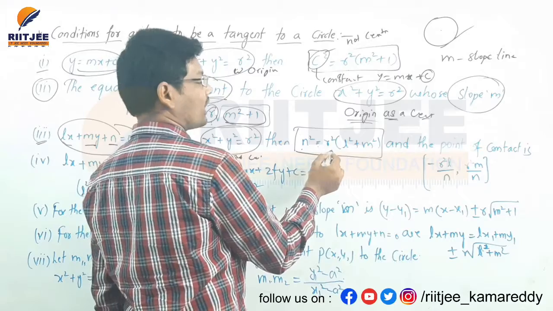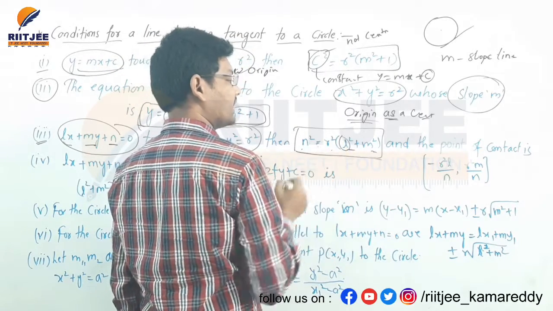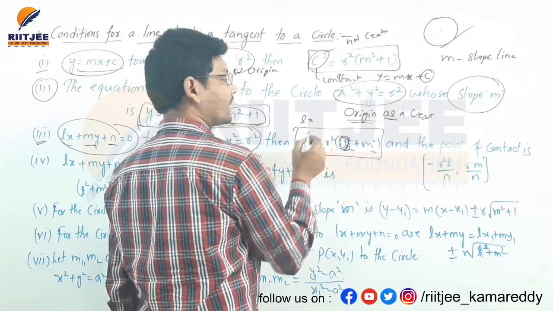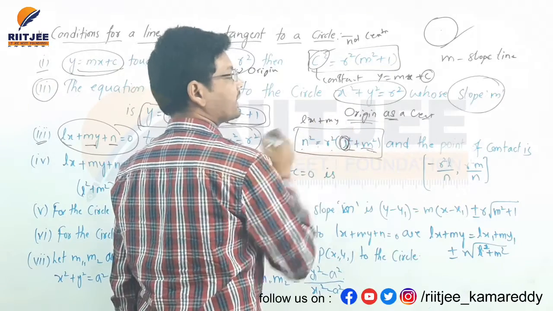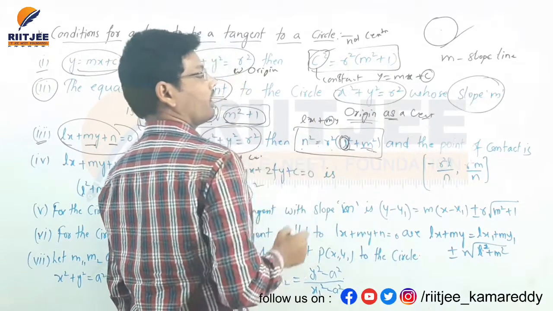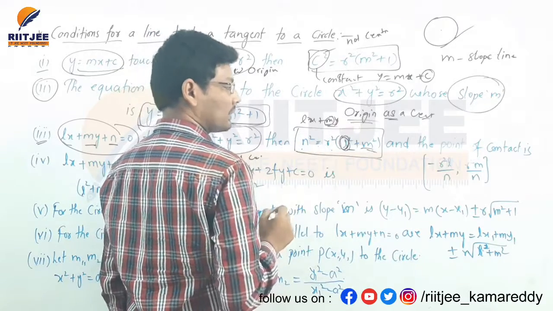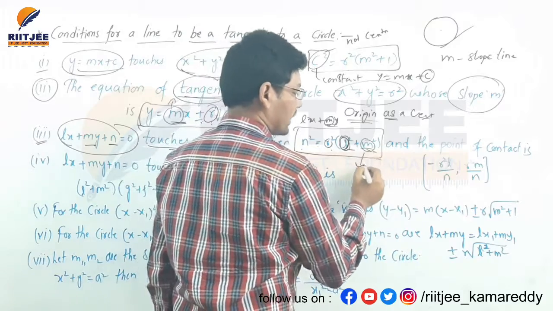n² = r²(l² + m²), where l is the coefficient of x in the line, m is the coefficient of y in the line, and r is the radius. Here m is not a slope.